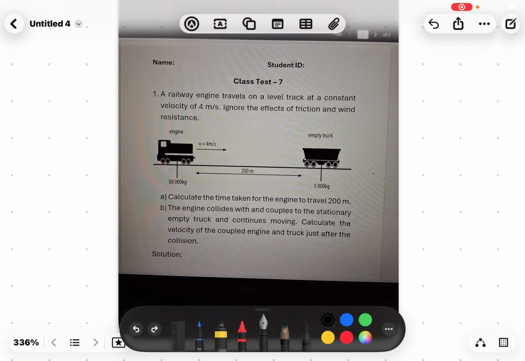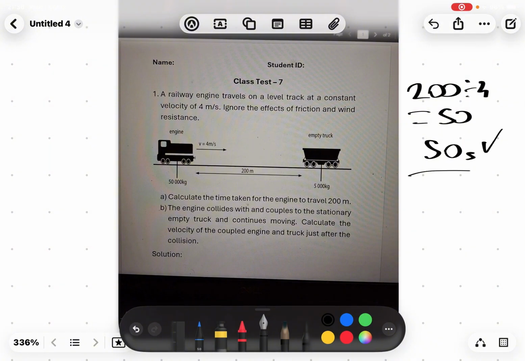Over here we can see that it goes 4 meters each second. So we just divide 200, how much we need, by 4, because that's how fast it's going, and that gives 50 seconds. So that is A.